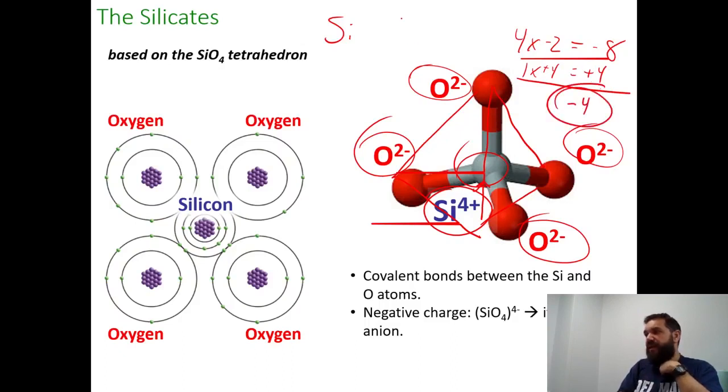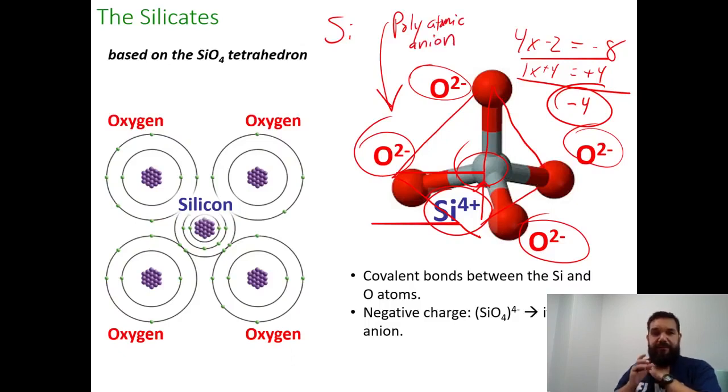So the silicate molecule is what we call a polyatomic anion. It is a negatively charged anion, but it's not just one element. It's composed of 5 different atoms, 4 oxygens with 1 silicon, and it forms a tetrahedron.